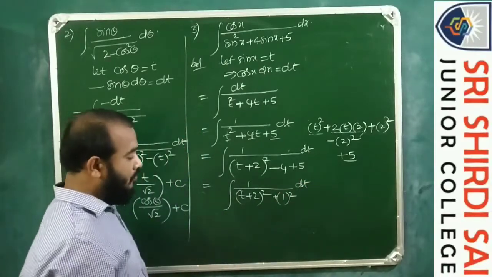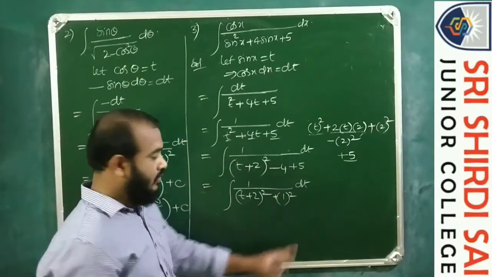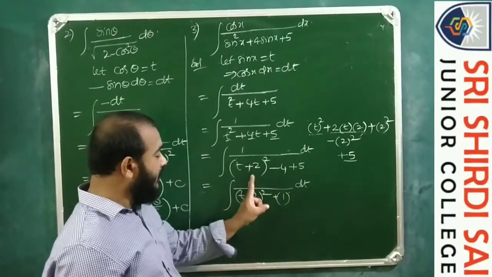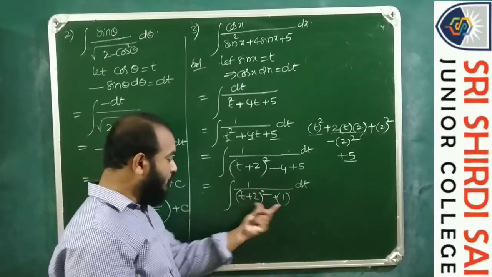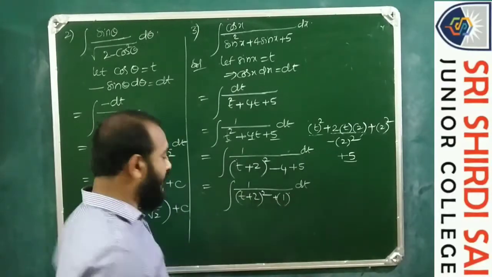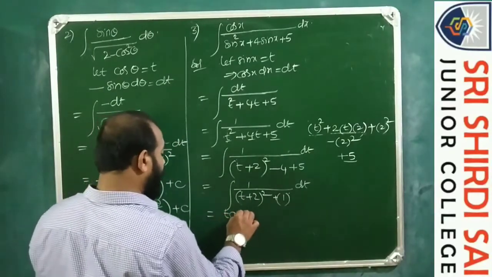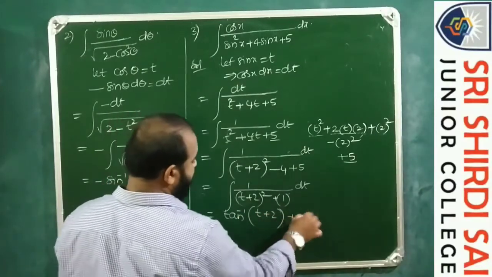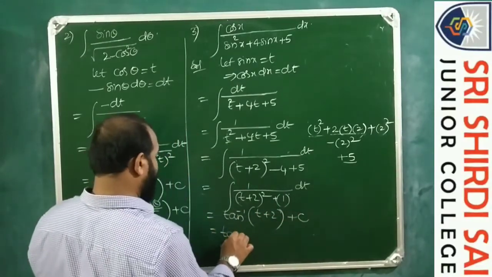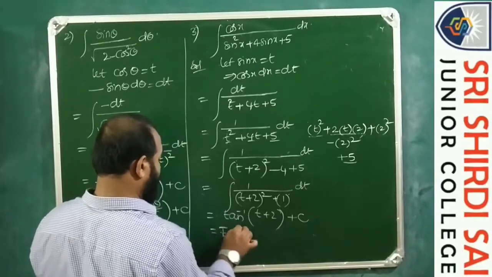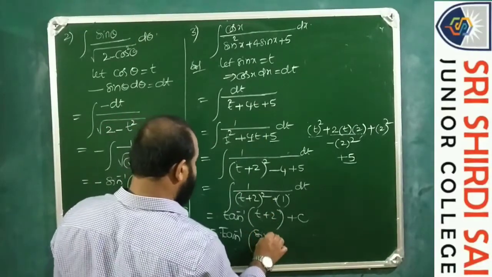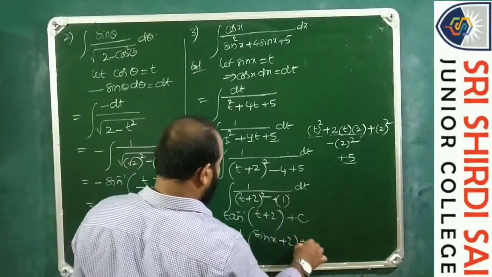So this is the form 1 by x square plus 1. The integral 1 by x square plus 1 dx is tan inverse x. So this is tan inverse of t plus 2 plus c. So tan inverse of, the value of t is sin x, so sin x plus 2, plus constant of integration c.